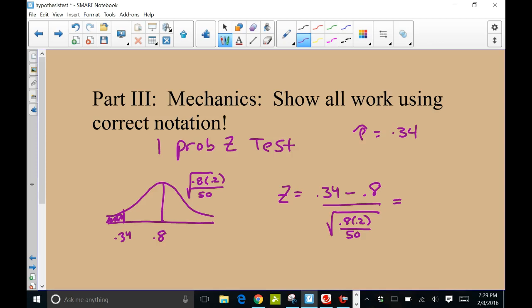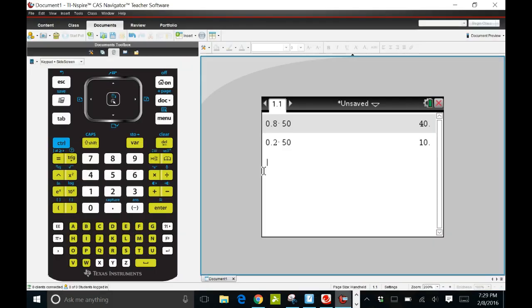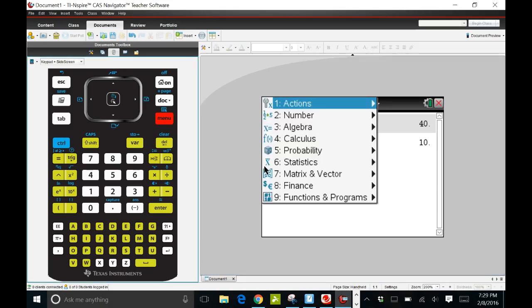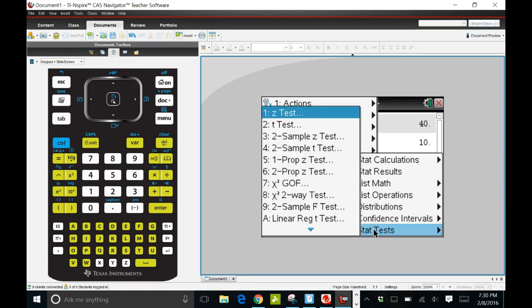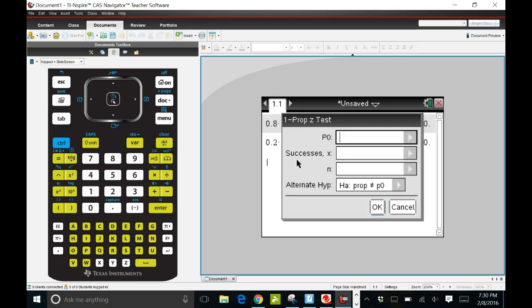No issue. We can do normal CDF like we always do, or we can let the calculator do all the work for us. So if you go to your handy dandy calculator, we're going to go to Menu, then Statistics, then Test, and this is a one proportion z-test.